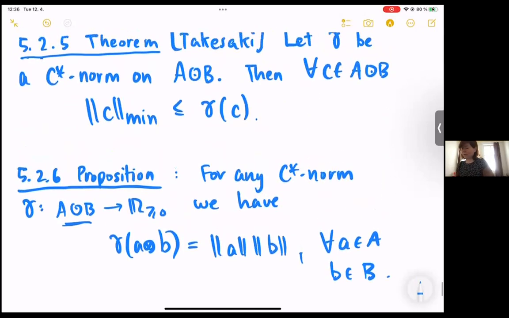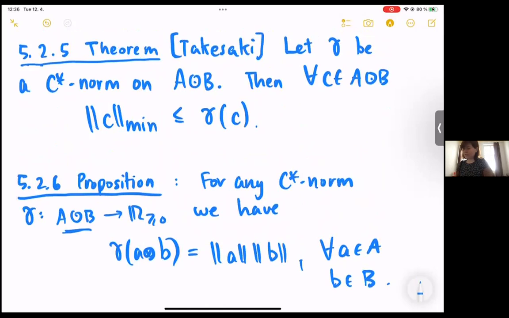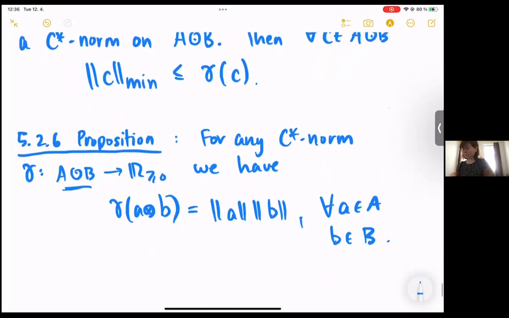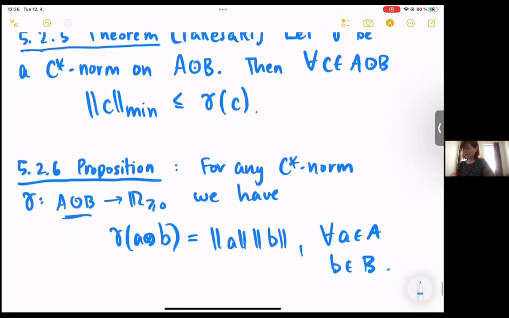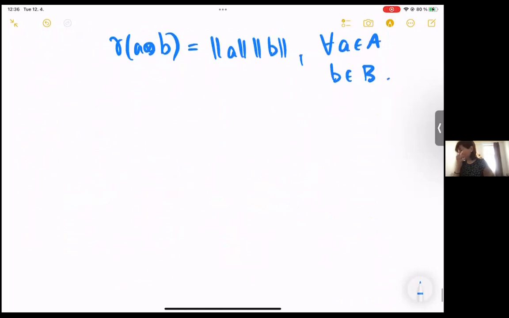Okay, but now we know that, for example, the C-star norm of the minimal tensor product is always smaller than any other C-star norm.